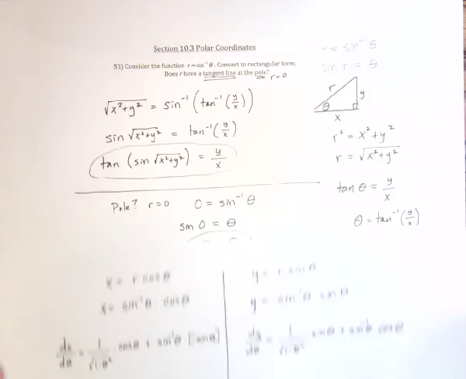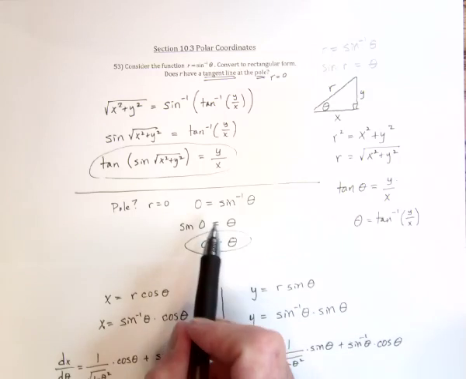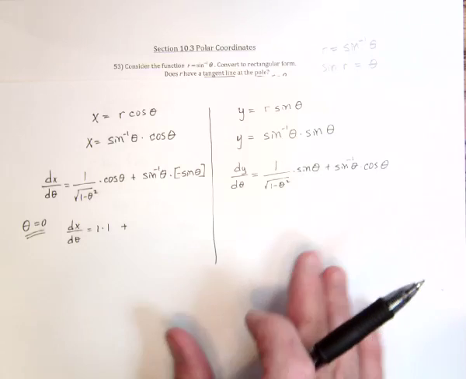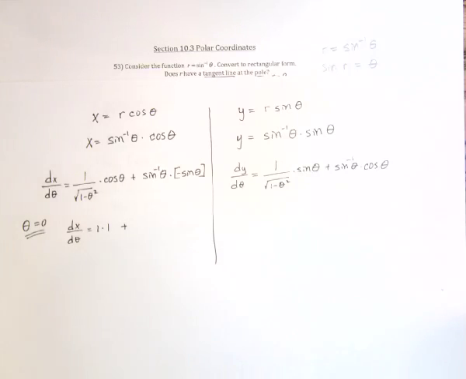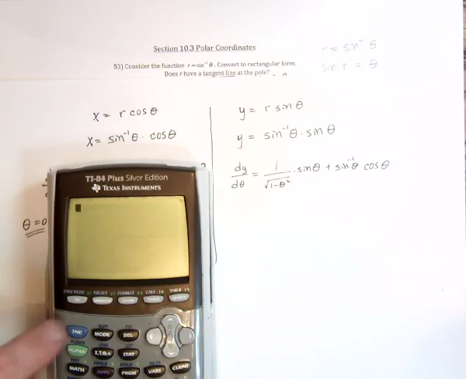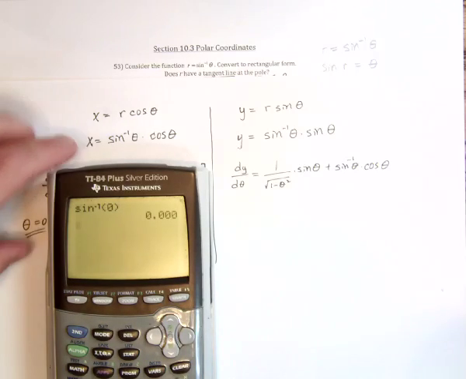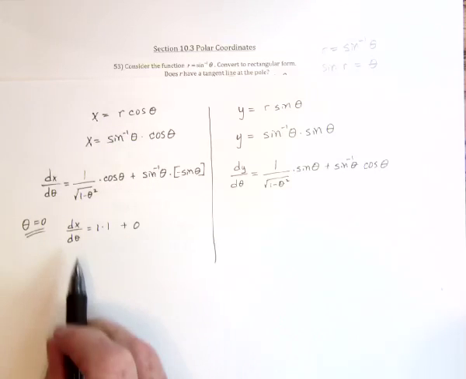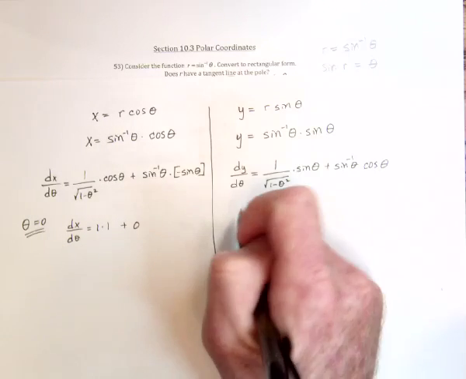Sine inverse of 0 really means, when does sine equal 0? Or in other words, sine inverse of 0 is equal to 0. So actually this part is going to be gone. So dx d theta is equal to 1.